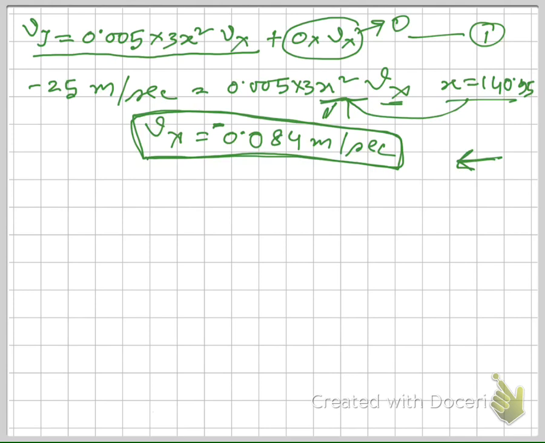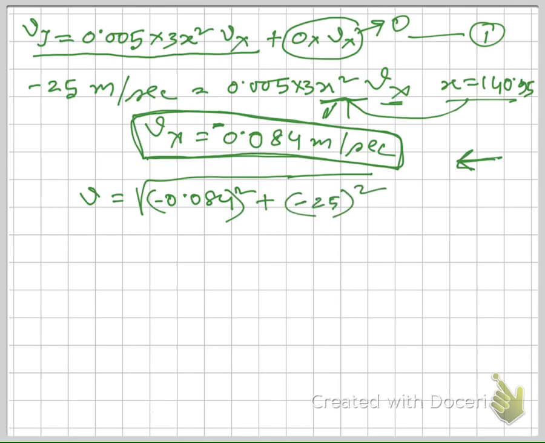Since we have the vx and vy both, we can get the magnitude of velocity v by taking minus 0.084 whole square plus, we had a vy of 25, so that's whole square, and so we get 25.00014 meter per second.